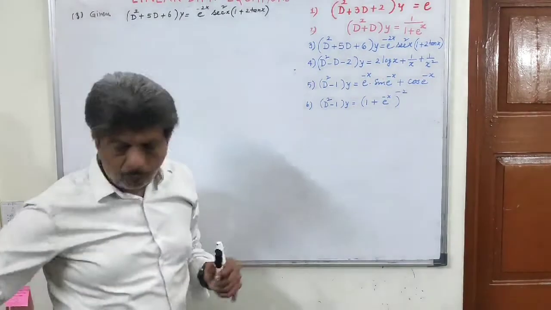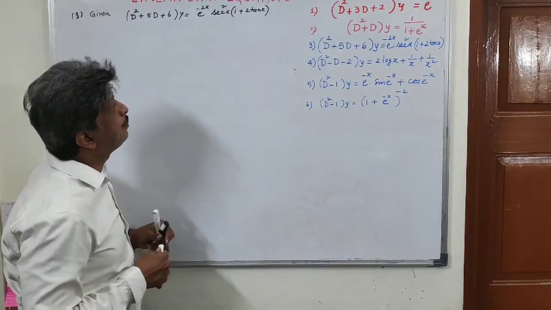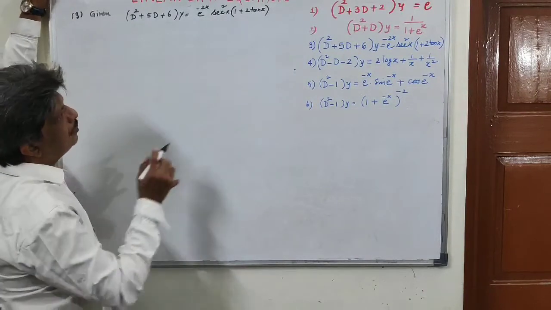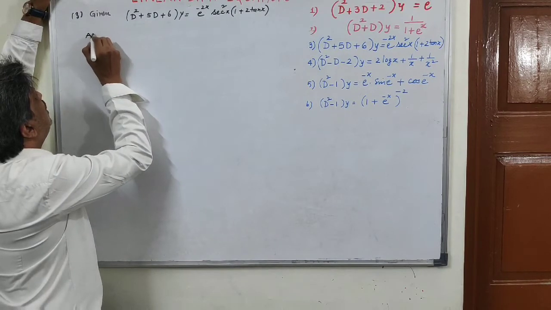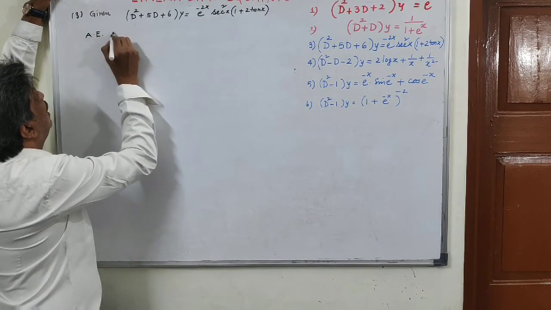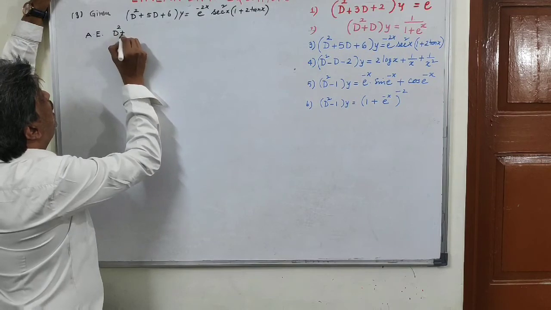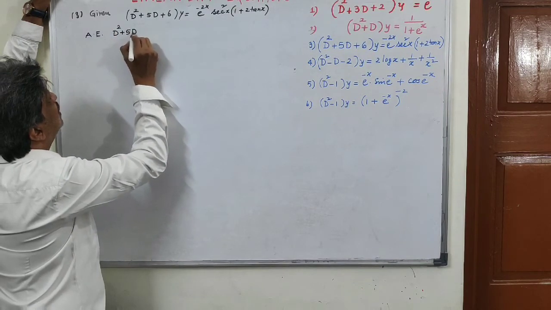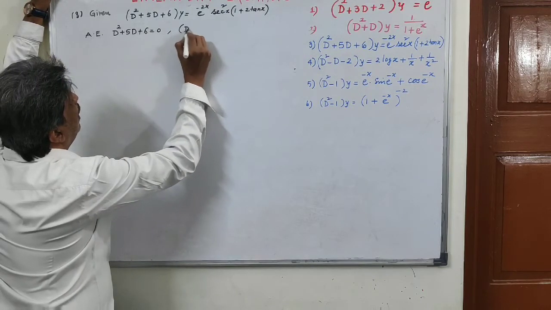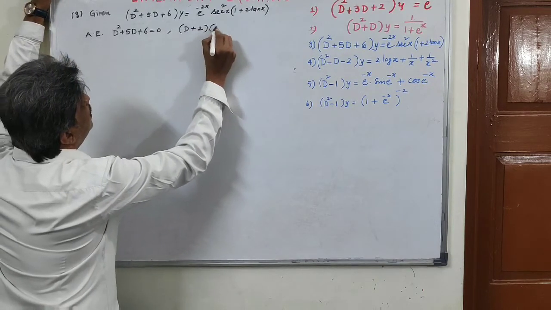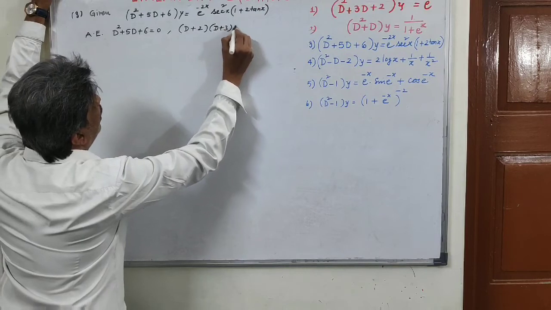Okay. Now, auxiliary equation: d square plus 5d plus 6 equal to 0. That is d plus 2 into d plus 3 equal to 0.